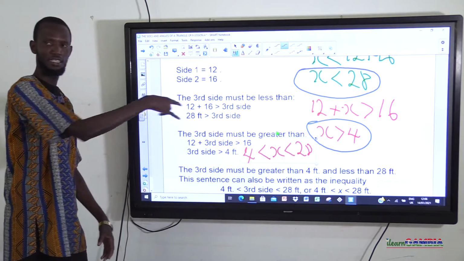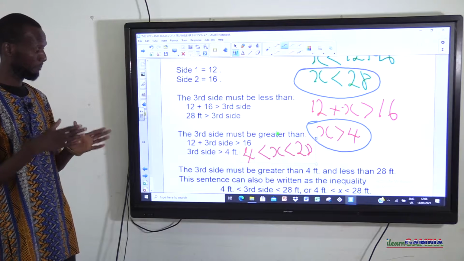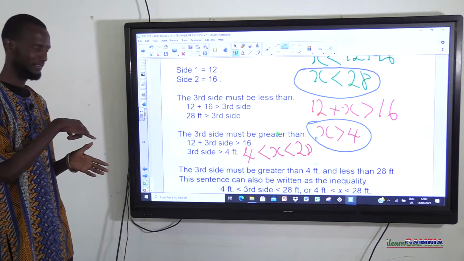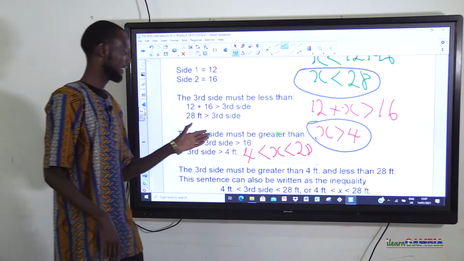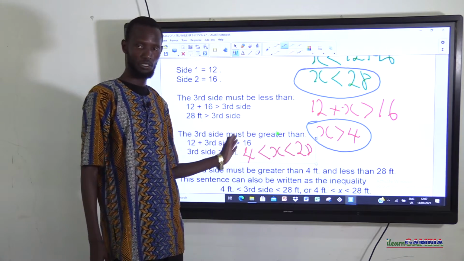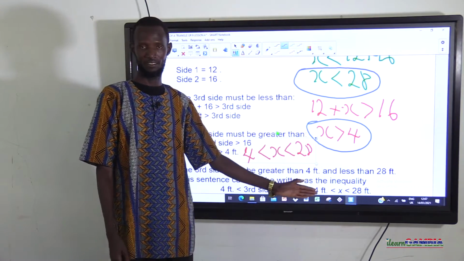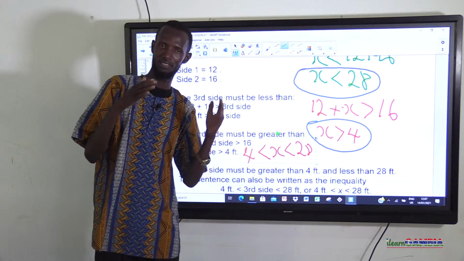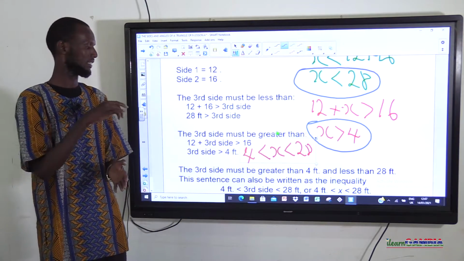So that becomes my inequality, all right? So the range where my third side can fall is a number which is greater than 4, but less than 28. That's the range of the possible values of the third side here, okay?